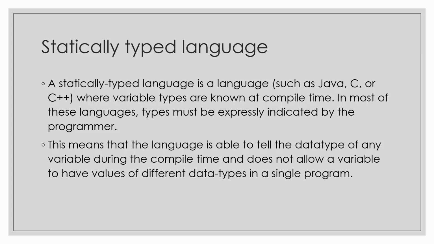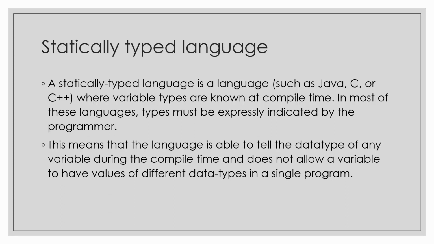This means that the language is able to tell the data type of any variable during compile time and does not allow a variable to have values of different data types in a simple program. So I have defined an integer, a equals 5. Before compiling the program, the compiler knows that a is an integer.